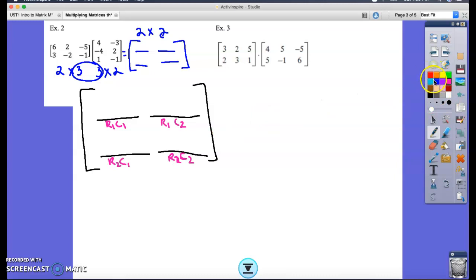All right, so now I'm again only going to use the row 1 numbers from him. He has all the rows. So I'm going to be using the 6, the 2, and the -5.